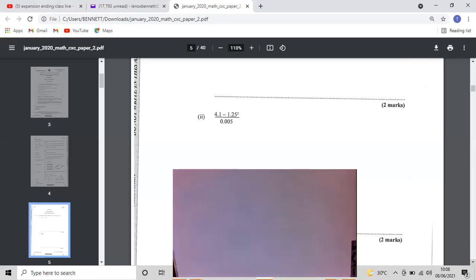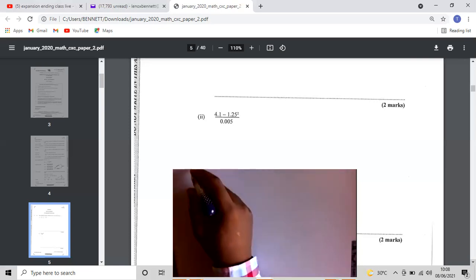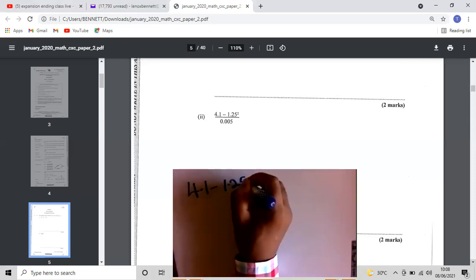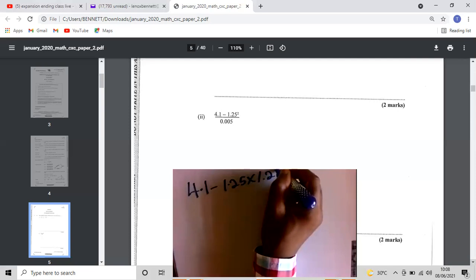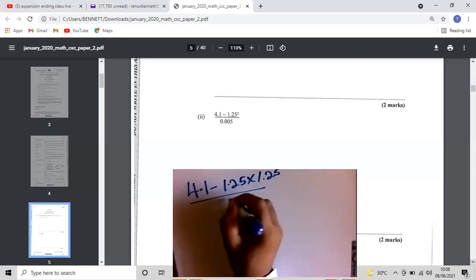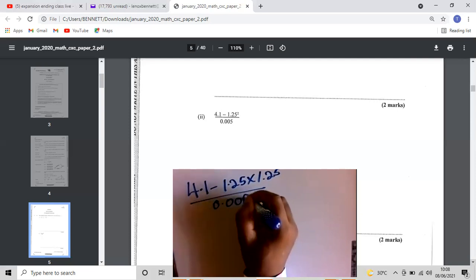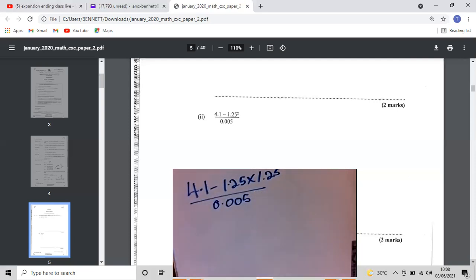Now this is as simple as it looks. So we must square 1.25 first. So let's just rewrite it. It would be 4.1 minus 1.25 times 1.25. Let's rewrite it so you can see what's happening, guys.